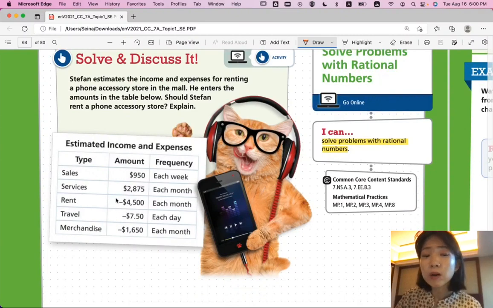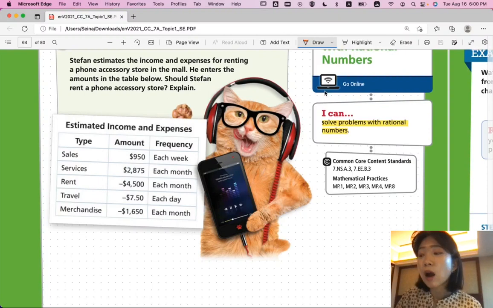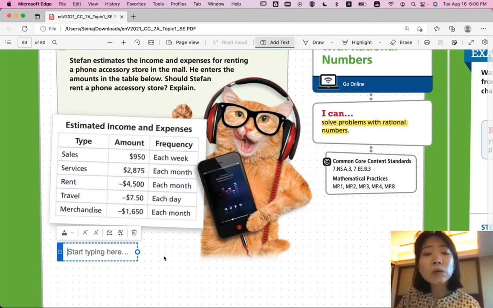So we're going to represent each of them as a monthly amount. If sales, the money that he earns from selling stuff, is $950 each week, how much would he get for a month?